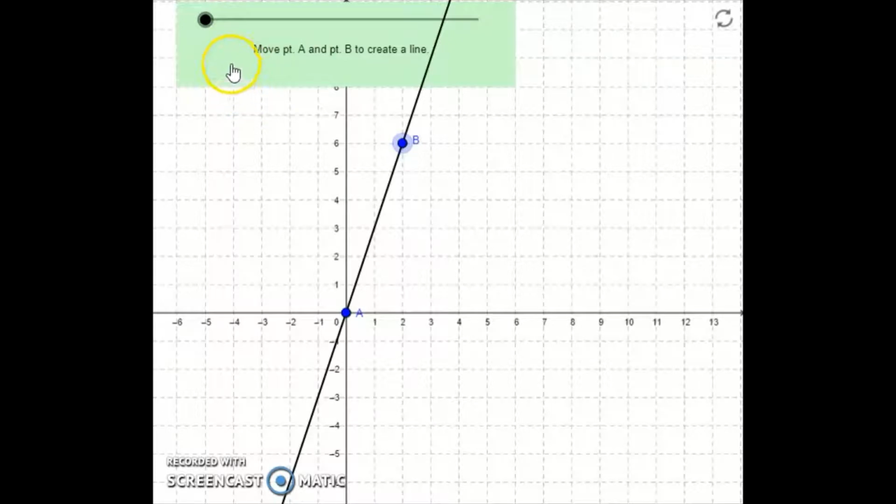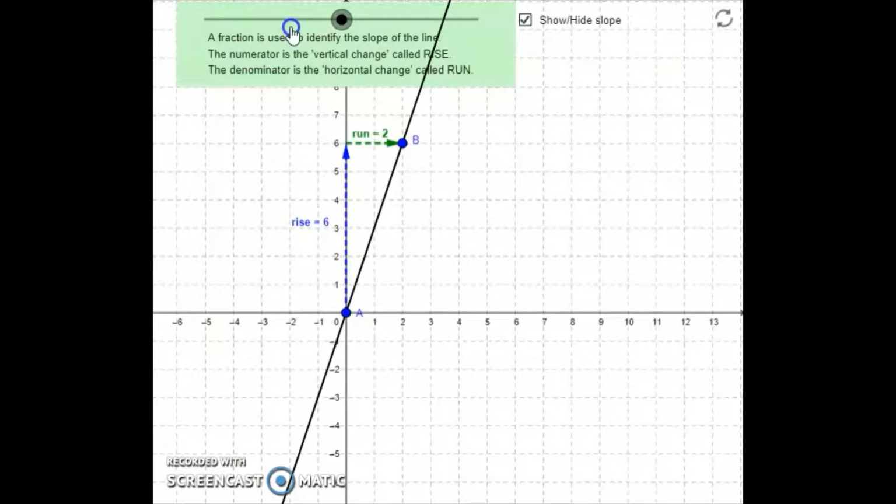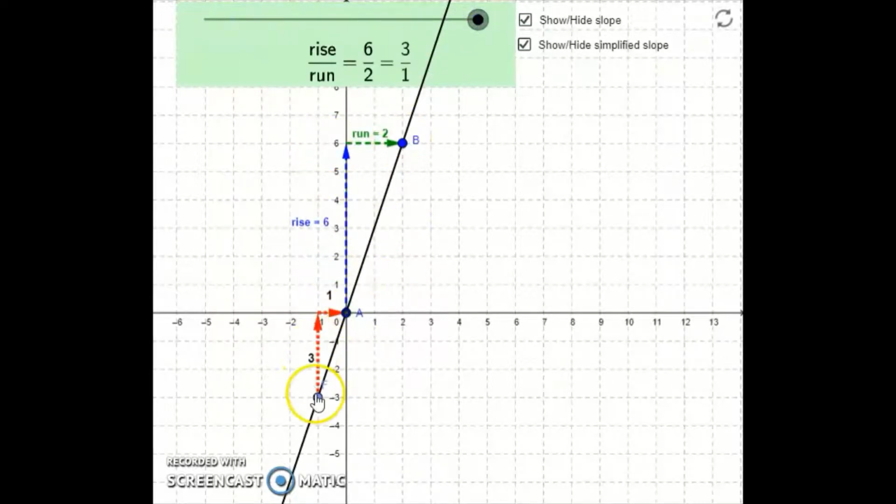See if you can work out. 3, 2, 1. Well, here we have a rise of 6 and a run of 2, or a rise of 3 and a run of 1. I can measure that anywhere I like on this, but best to use grid points somewhere.